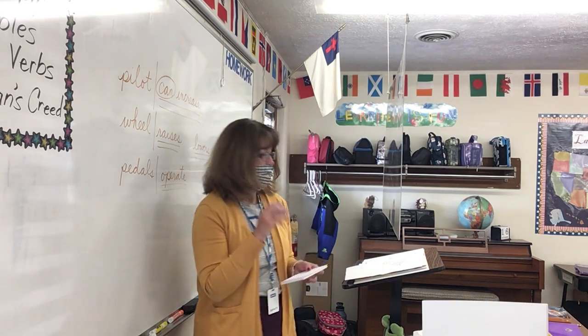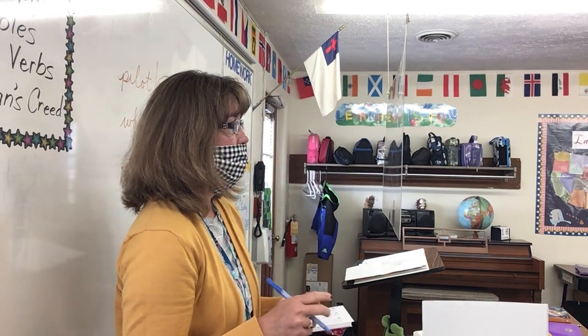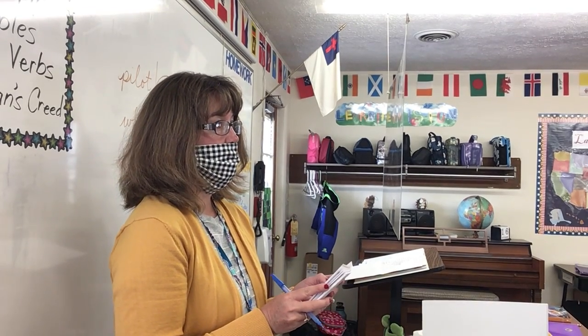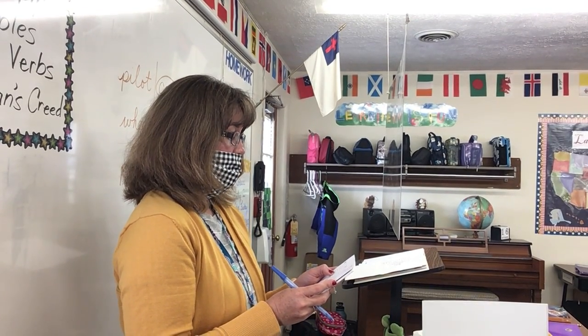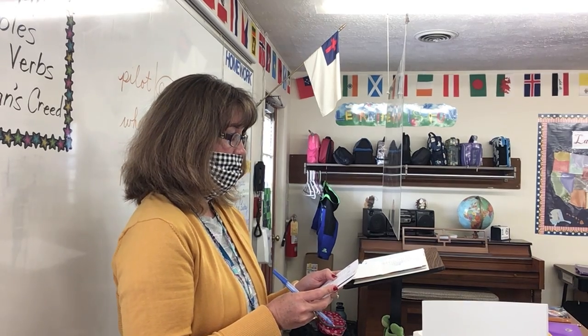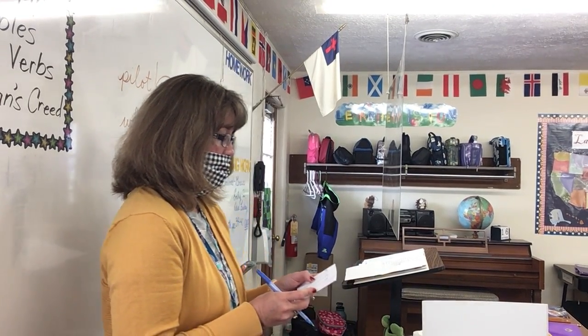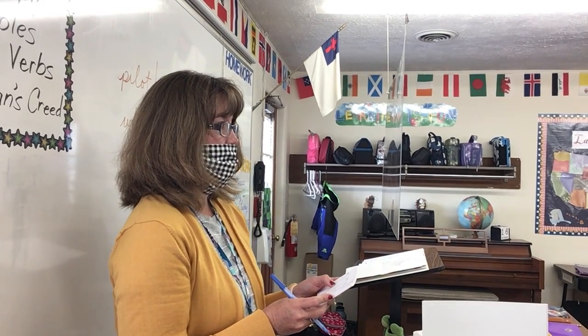Okay, third person in each row. Here we go. 12 plus 6 divided by 3 times 2 minus 3 equals.